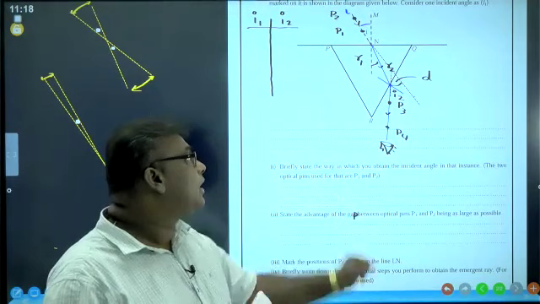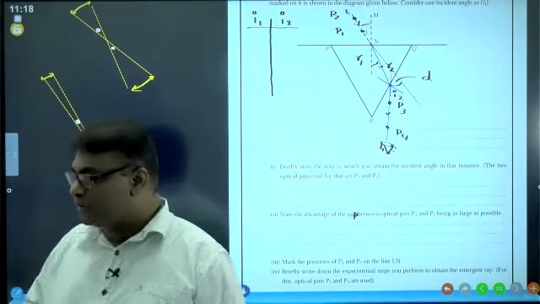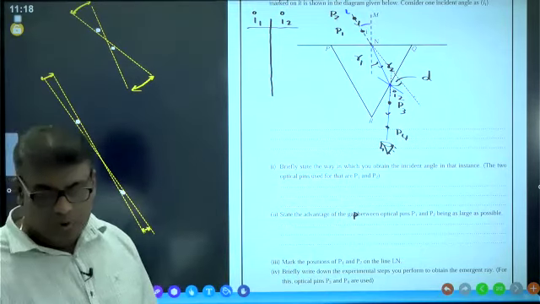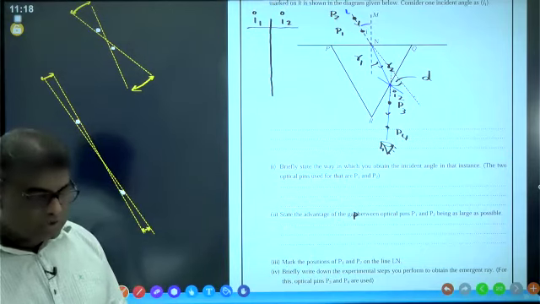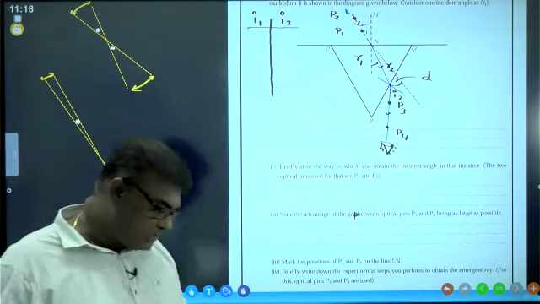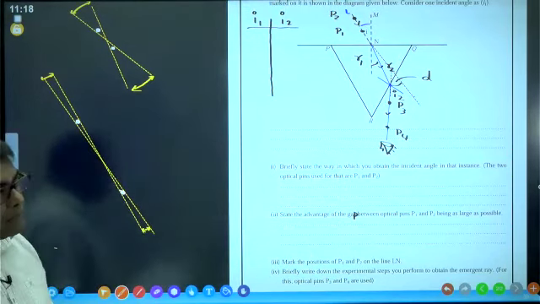Write down. Looking through the surface of QR, put another two pins, P3 and P4, aligned with P1 and P2.